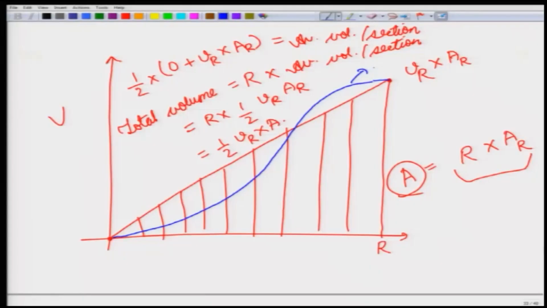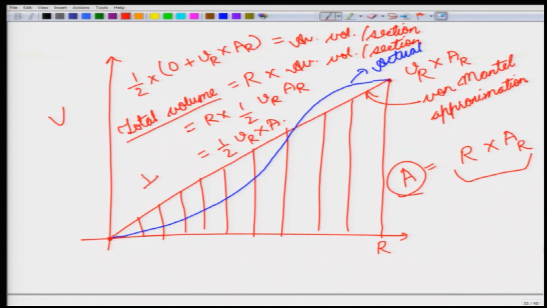The blue one is the actual curve and the red one is the von Mantel approximation. Now, this total volume is the ideal volume, or the volume of a regular forest.